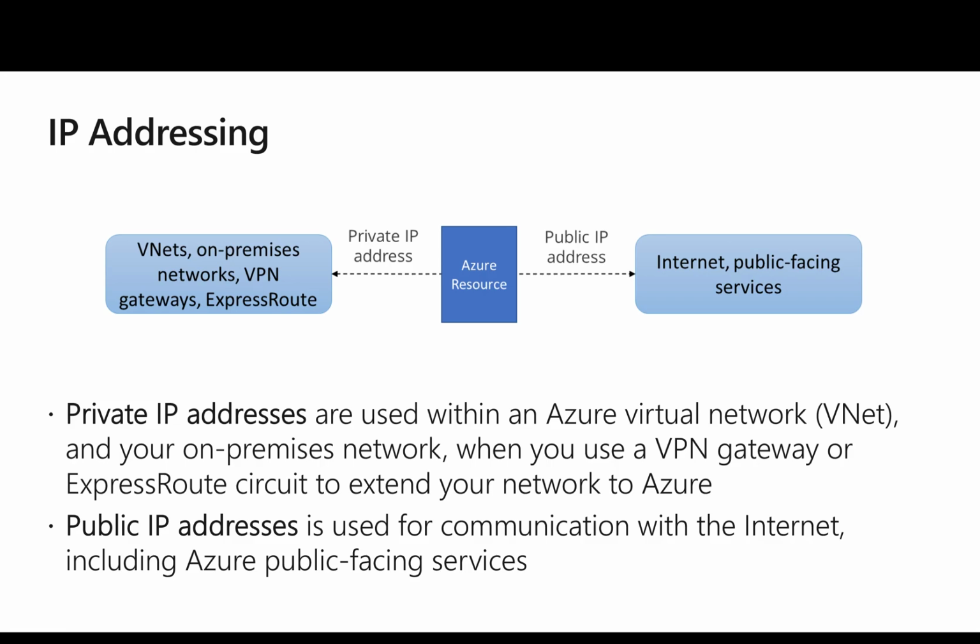So in this case, we will use our private IP address. And for services which we need to connect to through the internet, or public facing, we need to use a public IP address. Or the other way around, if we want to expose our application to the internet, we need to make a public IP address for our application. Or if we want to make our application accessible only to the intranet or within the network, then we need to have a private IP address.